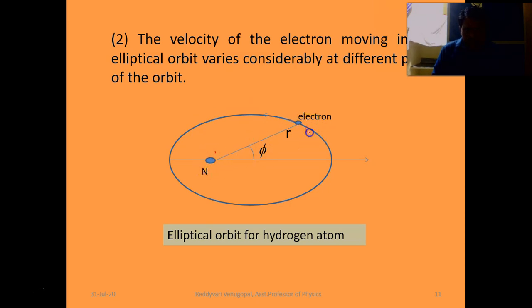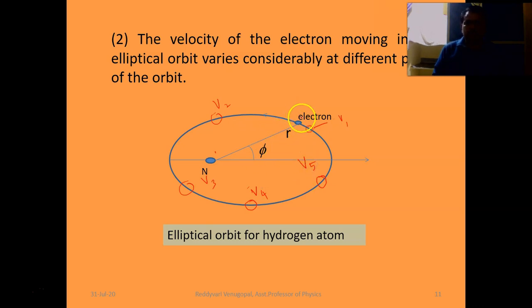If we take some 5 electron positions in this orbit, at this position the electron velocity is, let us say, v1. In this position the velocity is v2, in this position v3, in this position v4, and in this position v5.